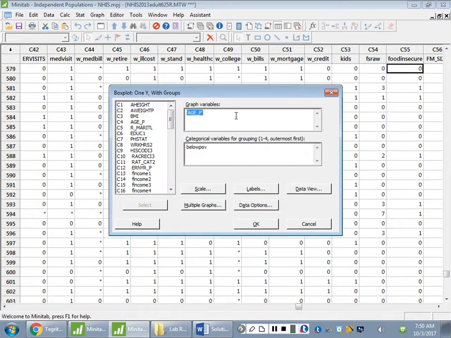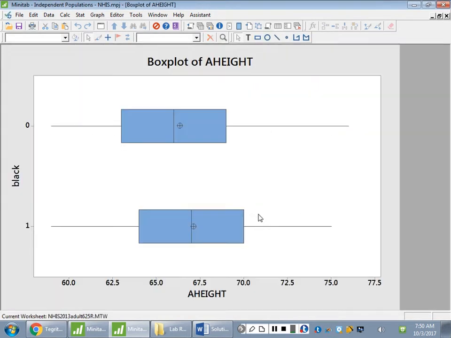I'm going to do height, broken down by race, in this case black and non-black. And you see that I get this distribution. Now once again, we're thinking about shape. If I'm looking at the first top one, I'm saying slightly right skewed because of that longer tail. If I'm looking at the bottom one, I'm going pretty close to symmetric.